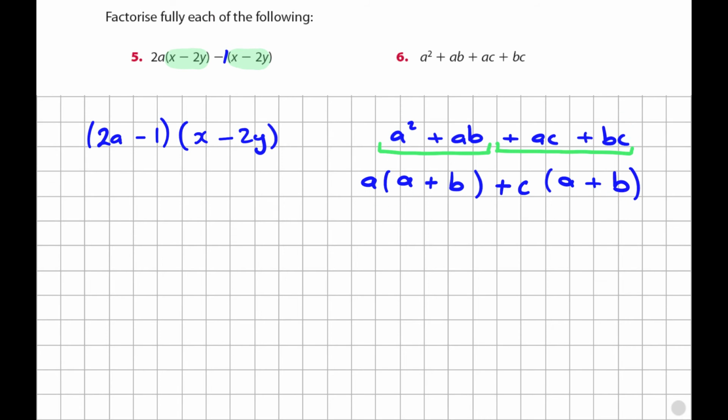Okay? And now we're left with this here, which is the same as the last few questions that we did. We've got a term inside the brackets, two terms there, which are equal.